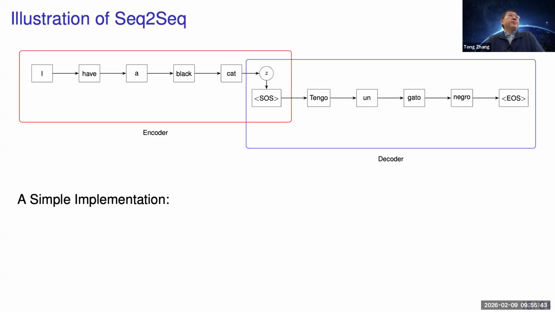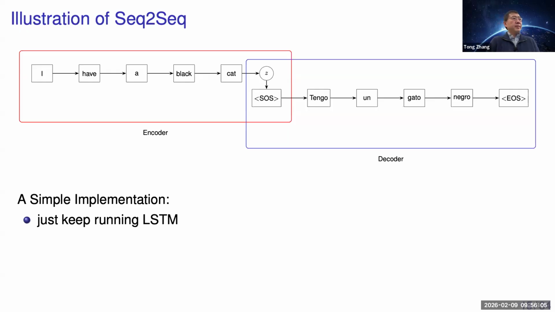What is the encoder output? You just continue doing LSTM, but because LSTM is recurrent, at any state, the state itself can be considered as a representation, can be considered the encoder output.